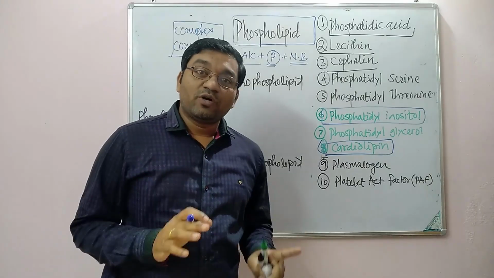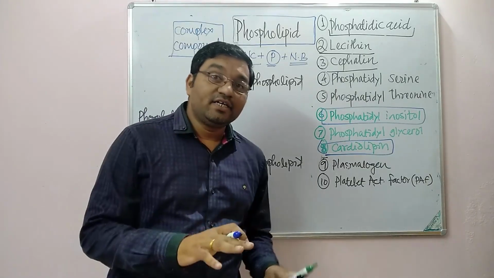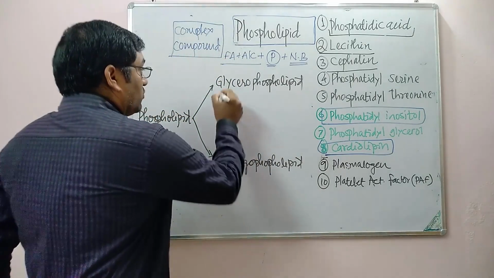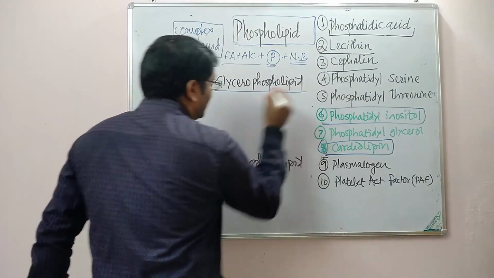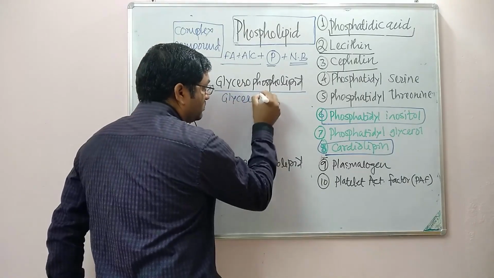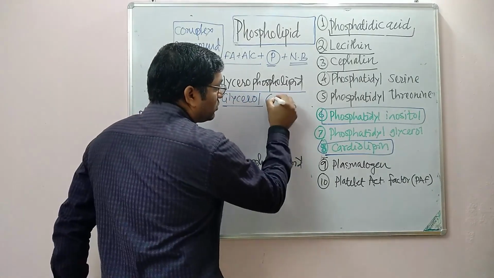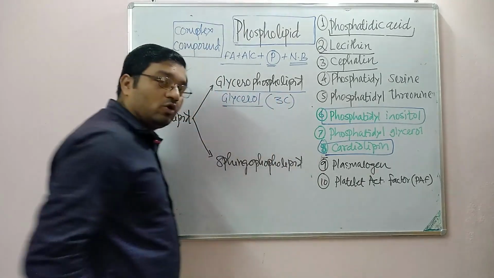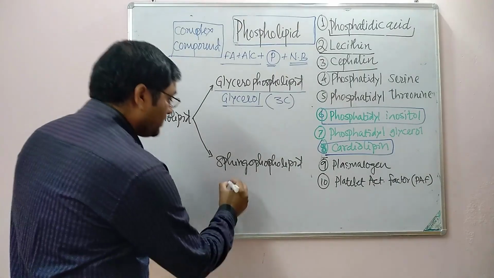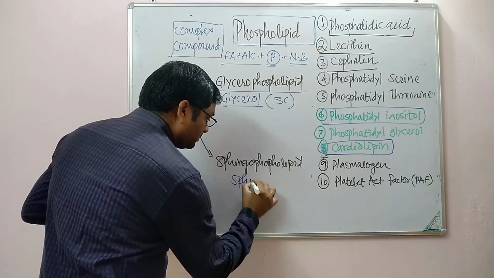Depending upon the type of alcohol present, they are again divided into glycerophospholipid and sphingophospholipid. Glycerophospholipid contains glycerol as an alcohol. All of you know it is a 3-carbon alcohol. While sphingophospholipid contains sphingosine as an alcohol.